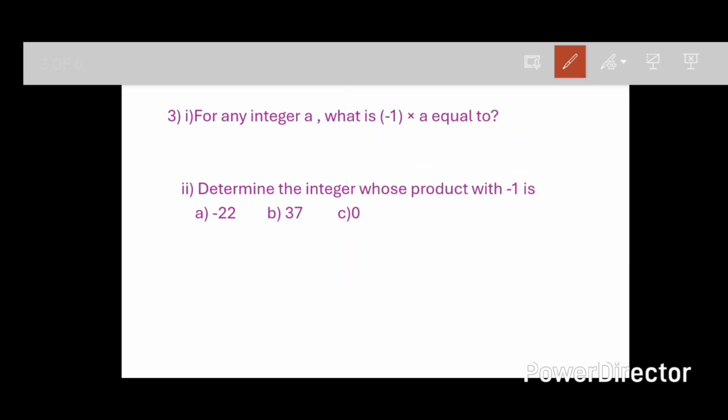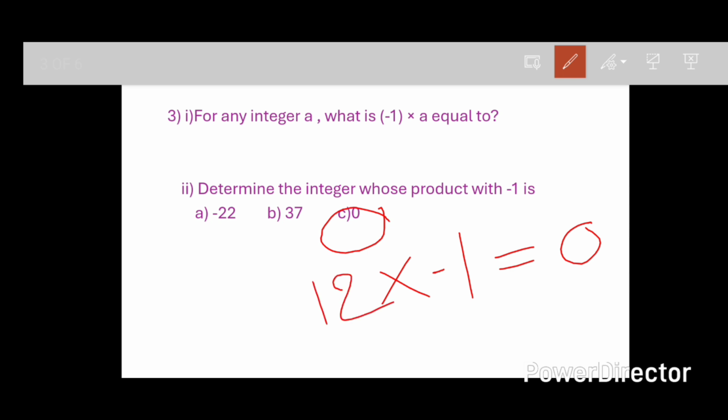Okay, next 0, very very easy. If we multiply any number with minus 1, the answer becomes 0. You can take any one, no choice. If you take 2, then also 0. If you take 12, then also 0. If you take a 3-digit number, then also what happens? 0. Because 0 is a neutral one.